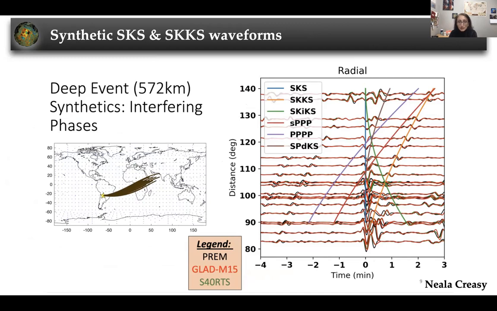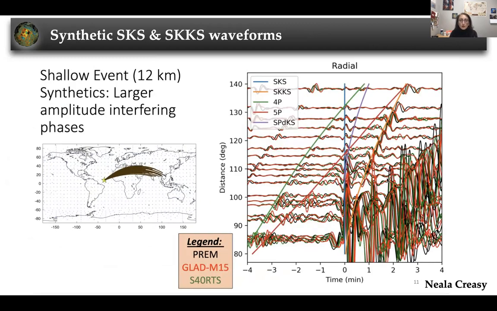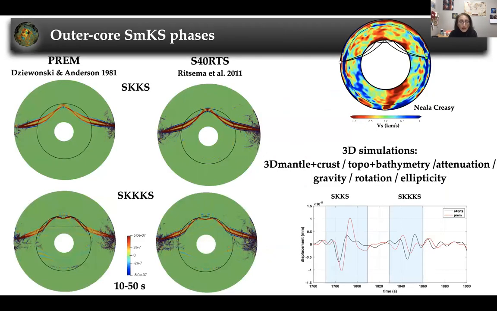If you look at a shallow event, because of the crustal effects, the measurements become much harder. The isolation of phases becomes much more problematic. And right now we are investigating the effect of such complications in the core phase measurements.